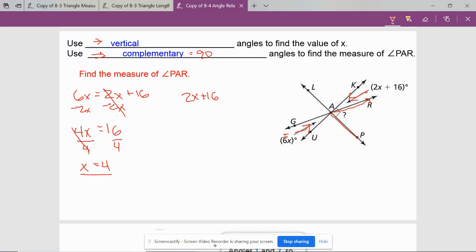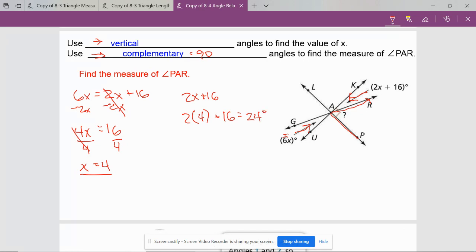Okay, so that means if we plug 4 in for x, we're going to get 2 times 4 plus 16, which equals what? That's going to equal 24 degrees.